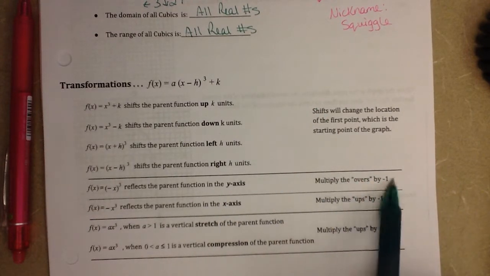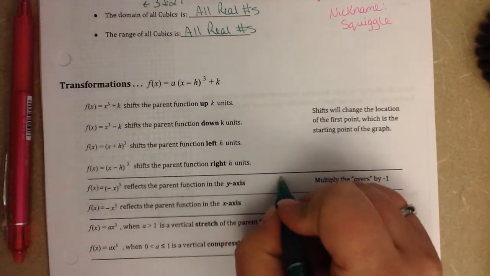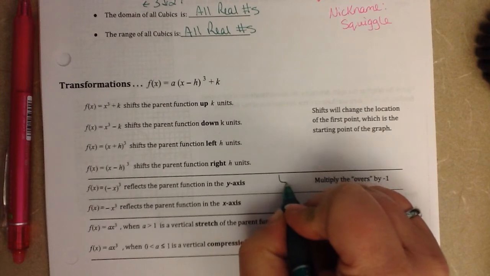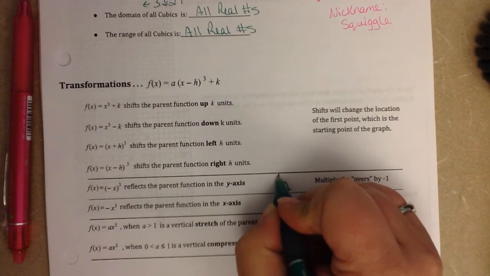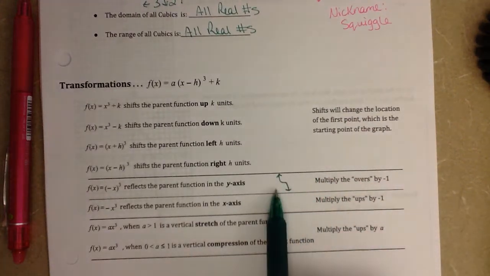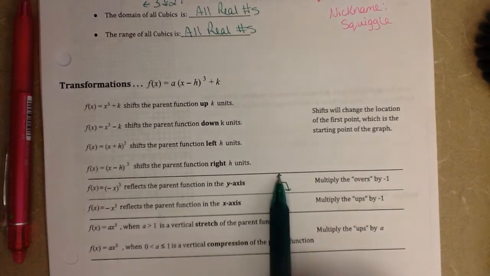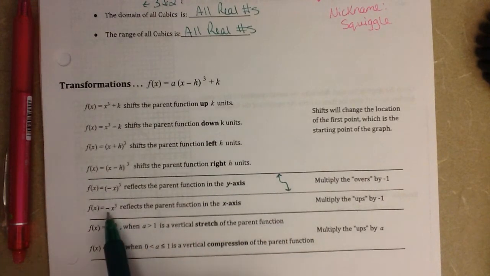And when we were doing parabolas, this didn't have an effect on our parabola, but for this guy it will switch it, so it will look like this instead of how it normally goes. It normally comes up from the left and then continues up. This it's going the opposite direction.